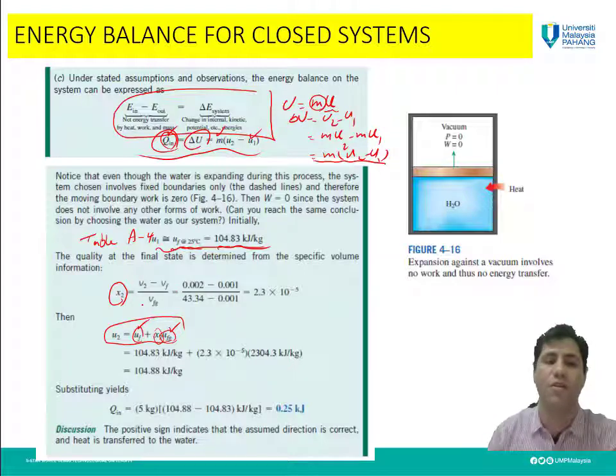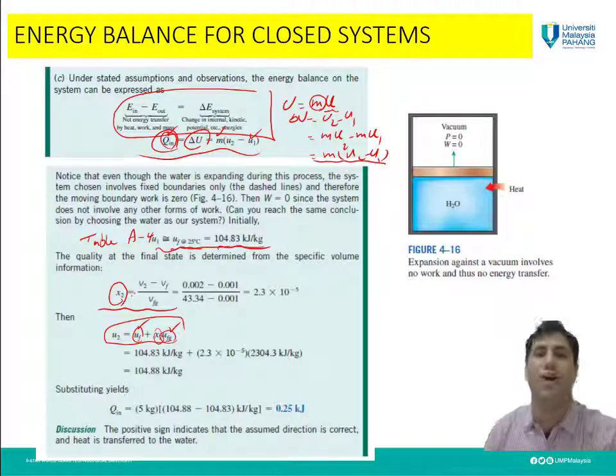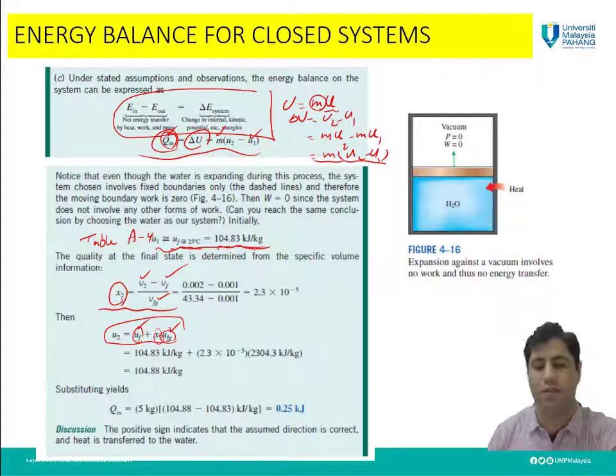First, we need to calculate it with the information which we have. And we can use this equation: x2 equal to (V2 minus Vf) divided by Vfg. We had this equation in the previous chapter. We have Vfg for 25 degrees Celsius, as we have a constant temperature process here, and V2 we have calculated in the previous step.